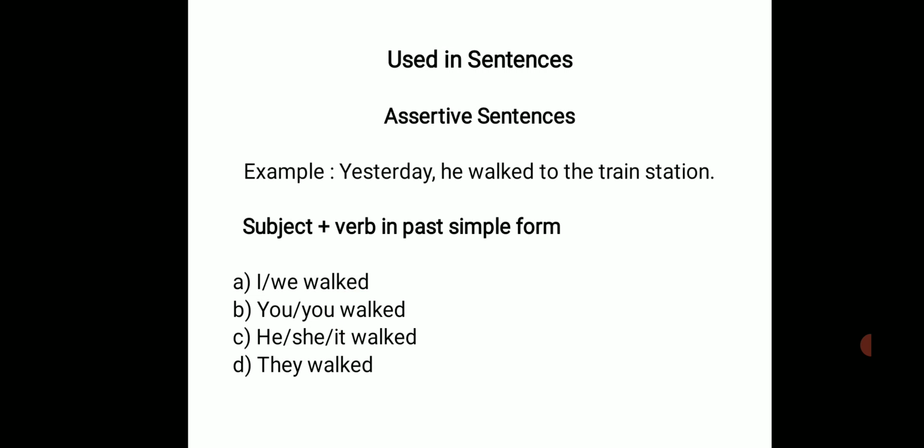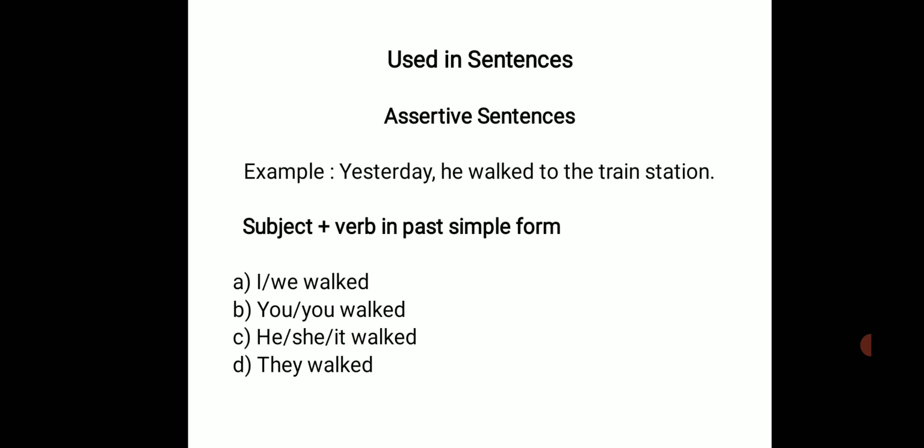He or she or it watched. Let's say I am just using different words instead of the same word walked. You watched a movie. I watched a movie. I sang a song. They talked.